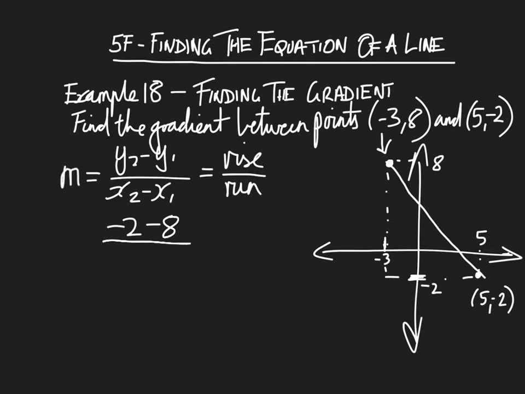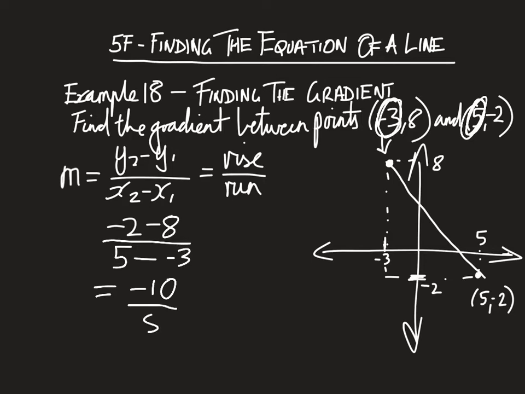And we're going to take x2, so that's the x value, which is a 5 from point 2. And we're going to subtract the x value from point 1, which is the minus 3, so negative 3. I'm going to simplify that a little bit further down. So minus 2 minus 8 is minus 10. And 5 subtract minus 3 is 8.